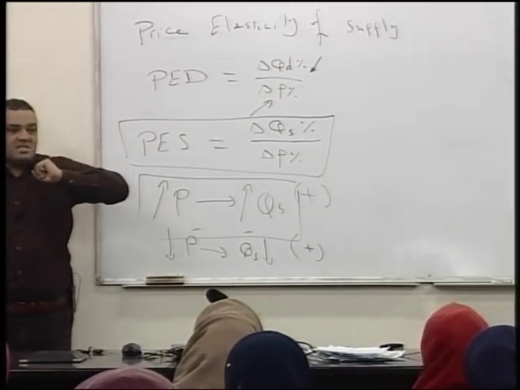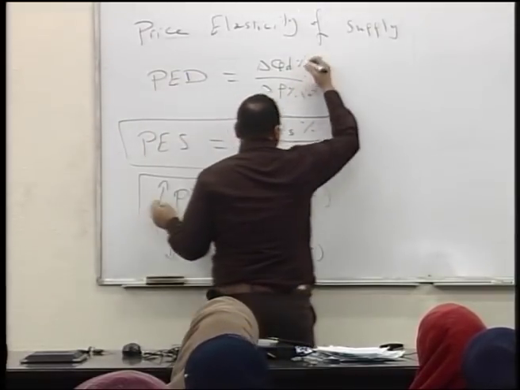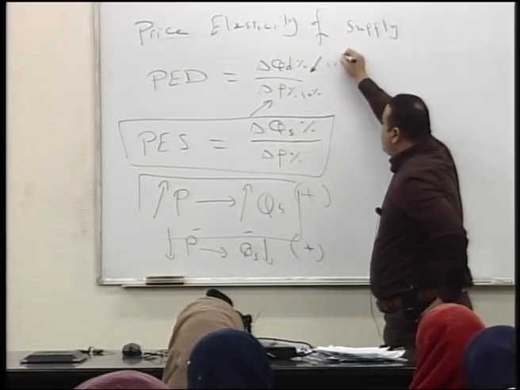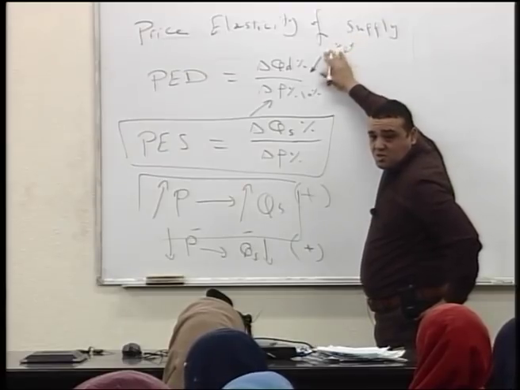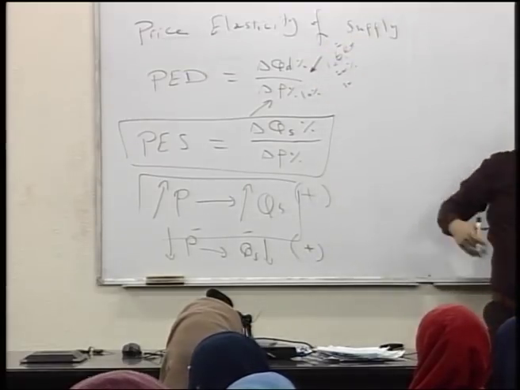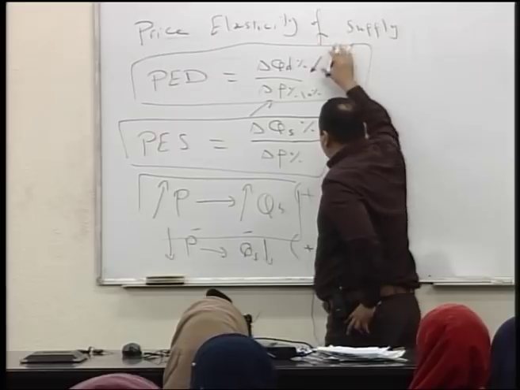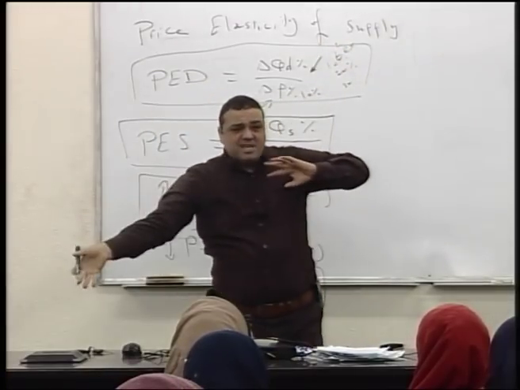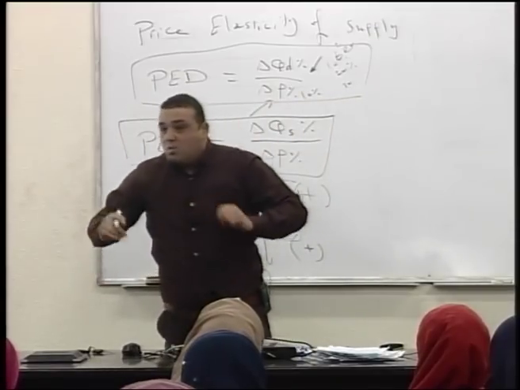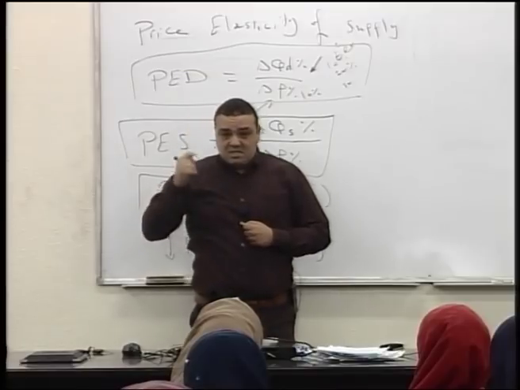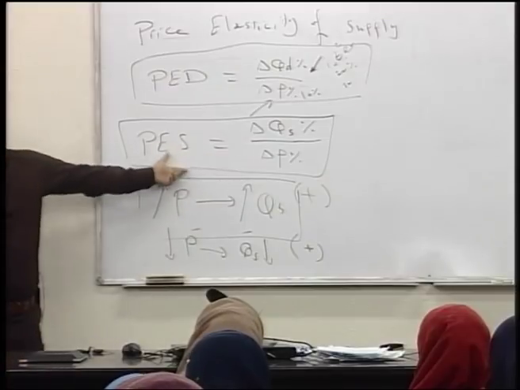Now, let's come back to the price elasticity of demand. We studied that when the price increased by 10%, the quantity demanded might decline by 10%, 20%, 30%, it depends. And according to the results, whether it was less than 1, bigger than 1, equals 1, infinity, or 0, we determined the type of elasticity. Is it elastic, inelastic, perfectly inelastic, unitary? Here, we should do the same.